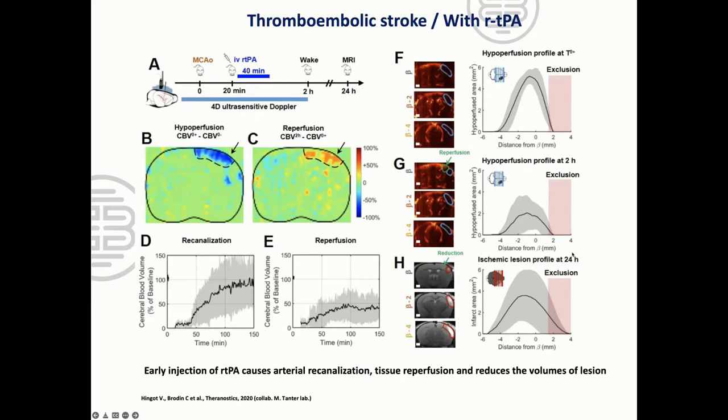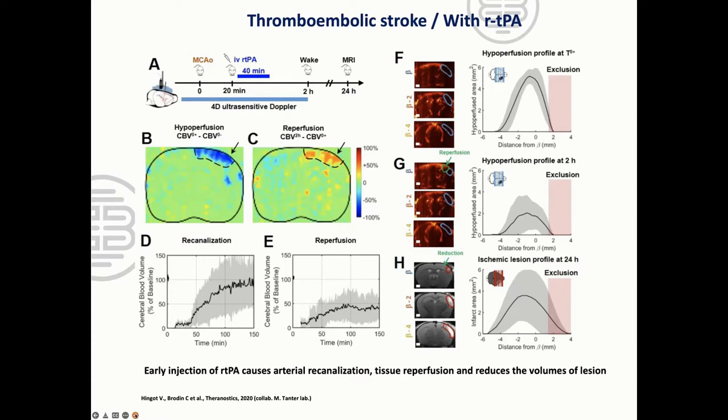And interestingly, again, what we can measure by fast ultrasound imaging at 2 hours is correlated and is completely in agreement with the lesion volume measured by MRI at 24 hours. So which means that here we are again predictive of the efficacy of the treatment and the response to treatment.